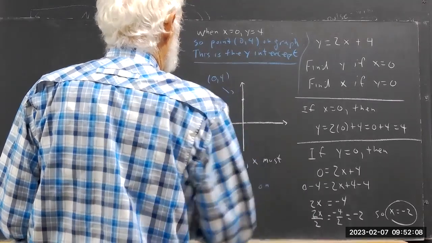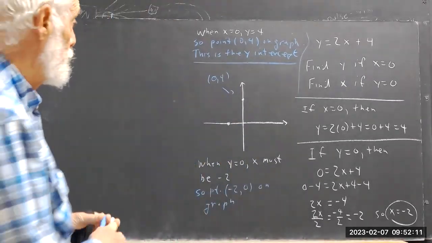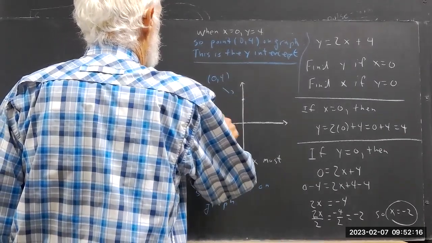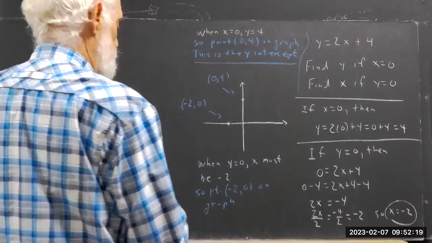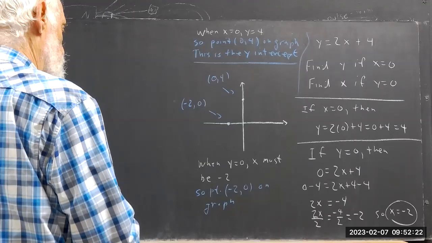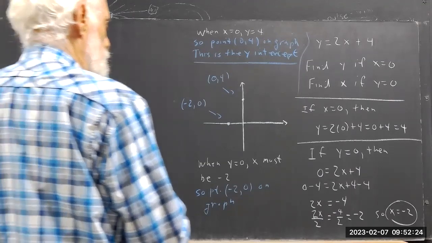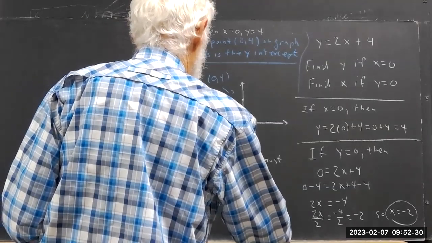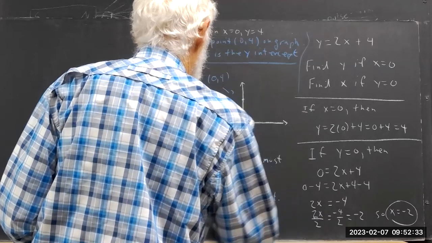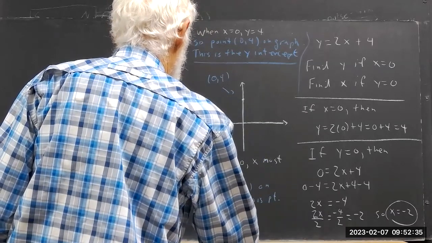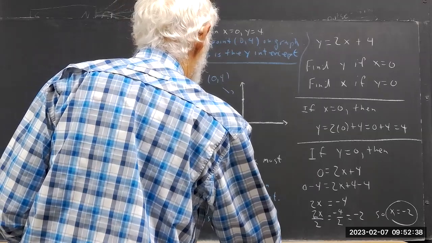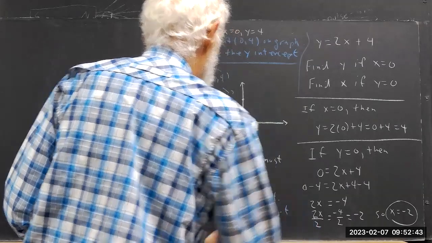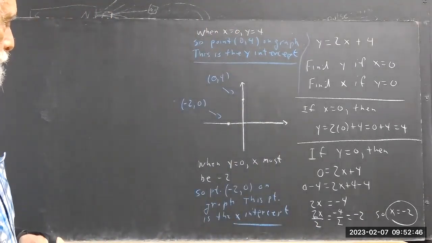Well, it depends on how you scale your graph. But here's the point, -2, 0. Call this the x-intercept.